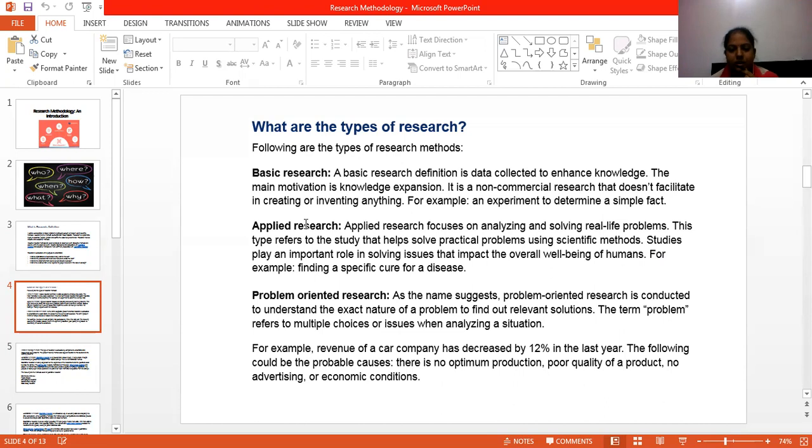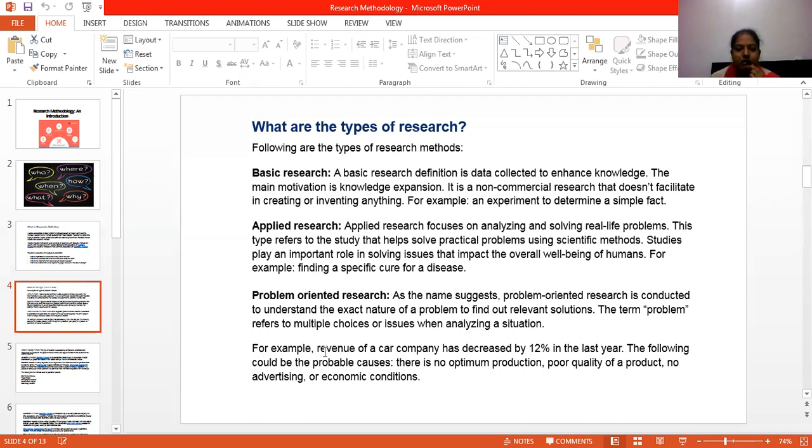Problem-oriented research. As the name suggests, problem-oriented research is conducted to understand the exact nature of the problem, to find out a relevant solution. The term problems refers to particular choices or issues when analyzing a situation.